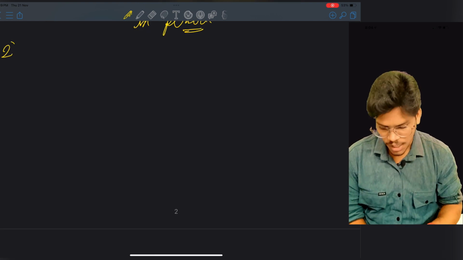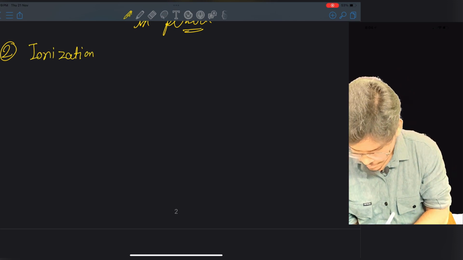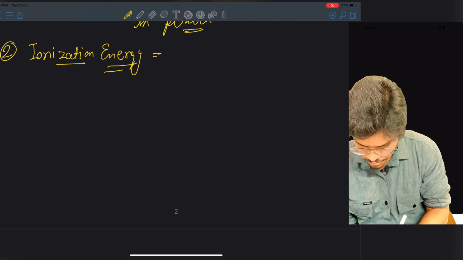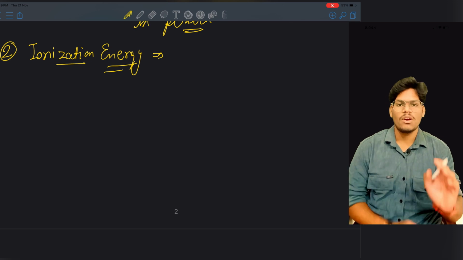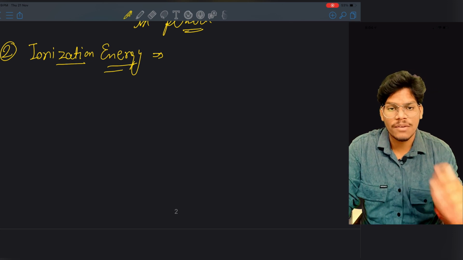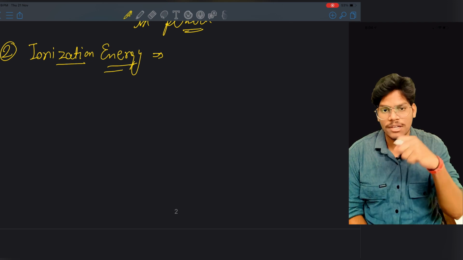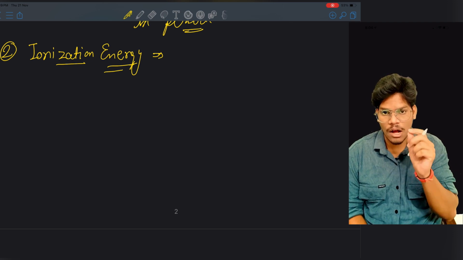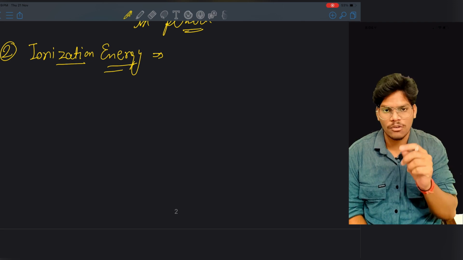Okay, now our second one is ionization energy. So first we should learn the definition of ionization energy. Ionization energy is defined as the energy we require to pull out an electron from the outer shell of an atom in the gaseous state.